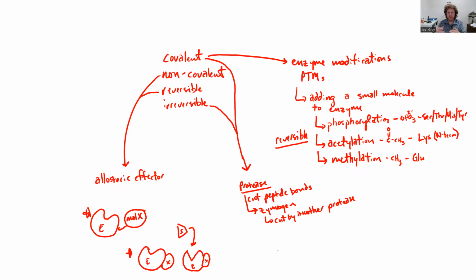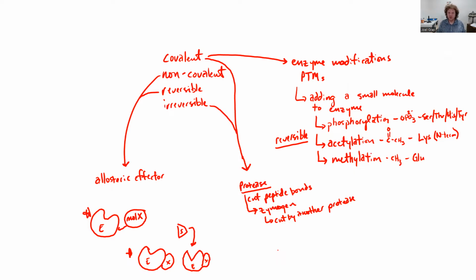Now, the thing is, these are peptide bonds that are broken. These peptide bonds can't be repaired, and they're not going to be repaired. So that's why this is an irreversible covalent modification, because we're breaking a covalent bond. It's not going to be repaired. So proteases are examples of irreversible covalent modifications.